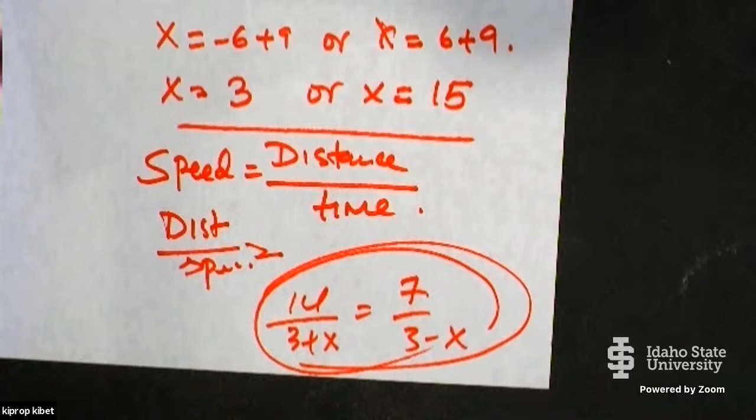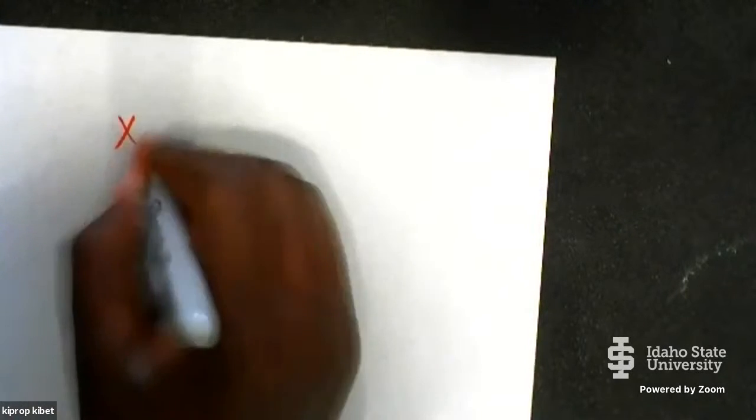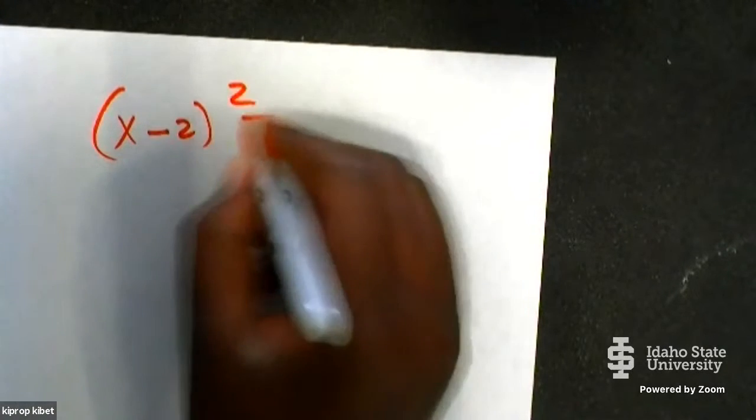Okay, number 12. Number 12 again, what do you do there? We did it almost recently. So solve the equation. So there you have x minus 2 squared equals 11.